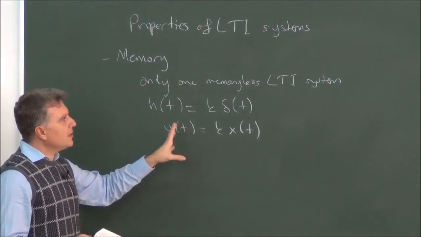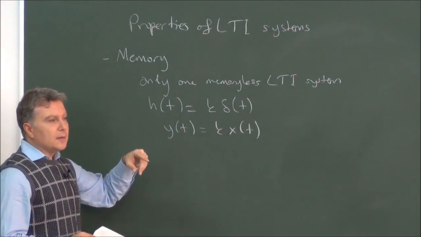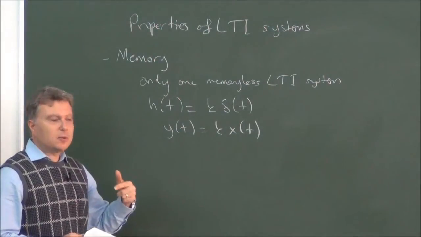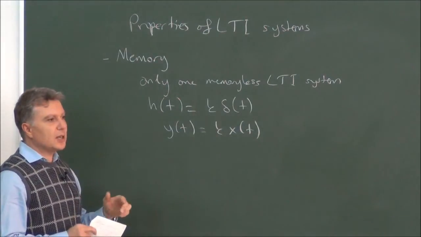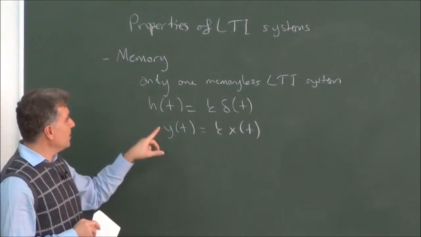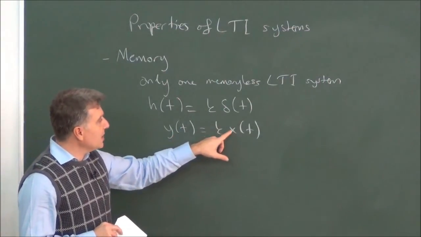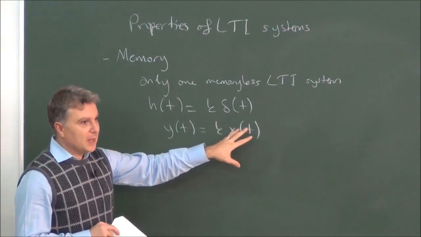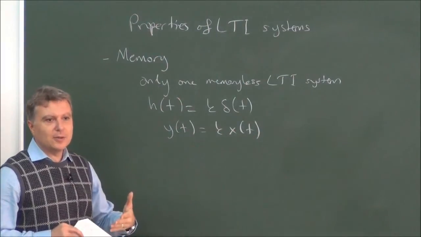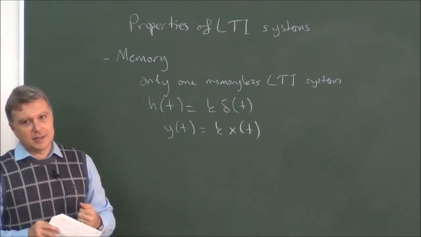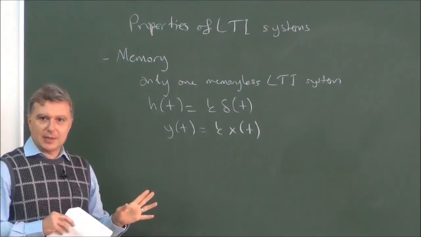Why don't we have any other LTI system? Well, we do have other memoryless systems which are not necessarily LTI. For example, if y of t is equal to k times x square of t, which is the square of the value, then that wouldn't be a linear system, but it would be memoryless.